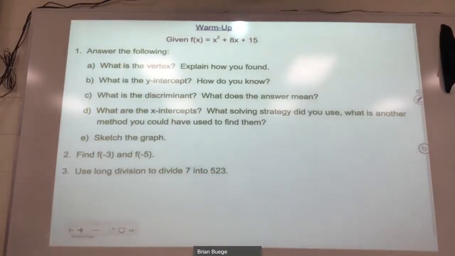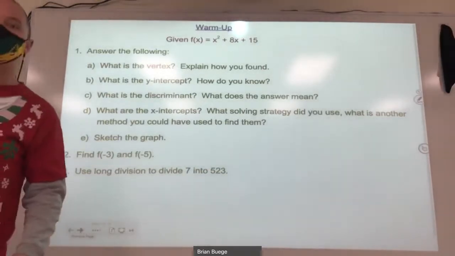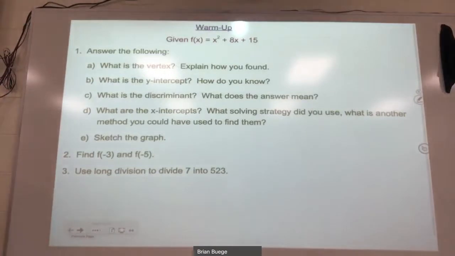And again, if you're not remembering some of this stuff, use that blue sheet I just gave you. Use your formula sheet to help you out a little bit.